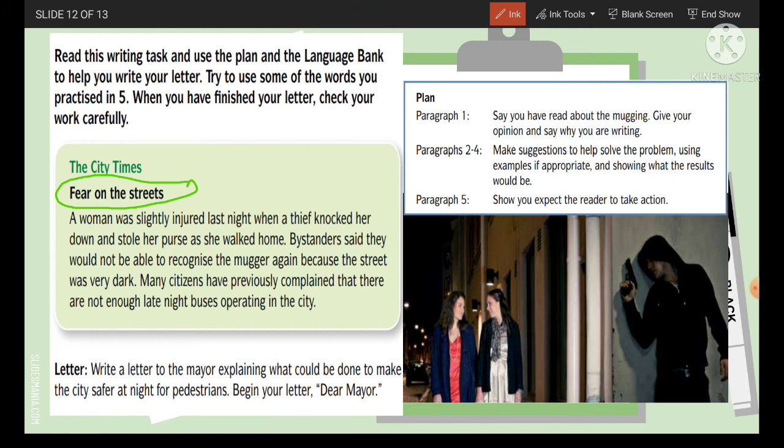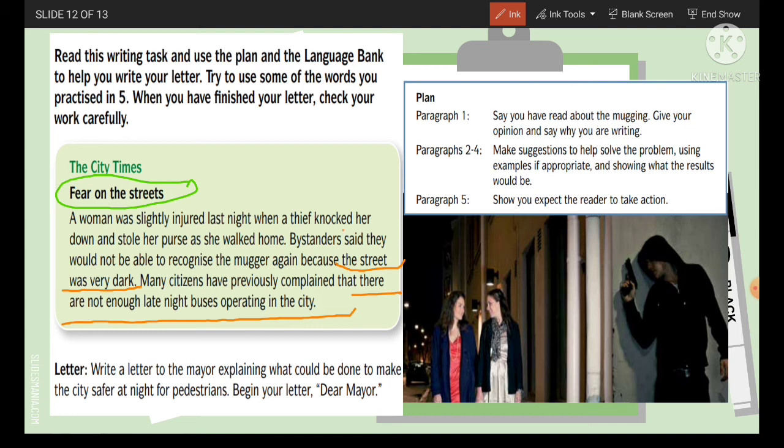Many citizens have previously complained that there are not enough late night buses operating in the city. So it is clearly stated the problem is the street was very dark, and also there are not enough late night buses operating in the city.